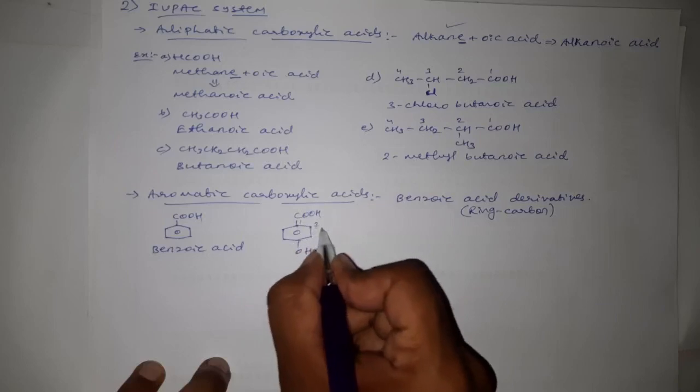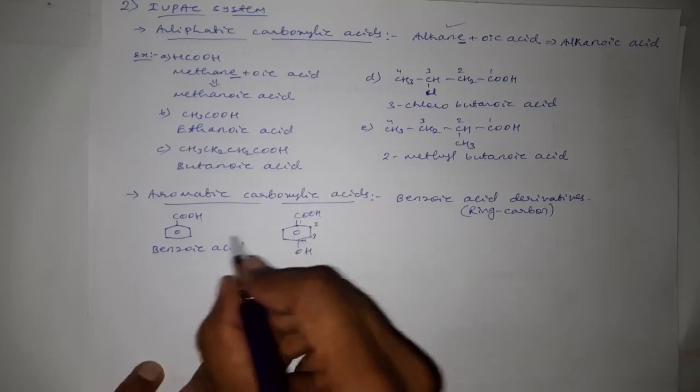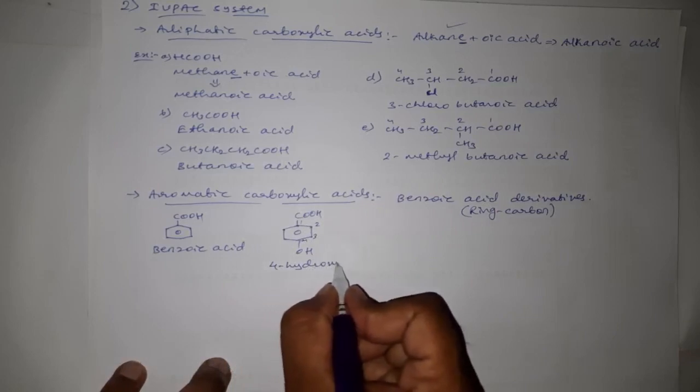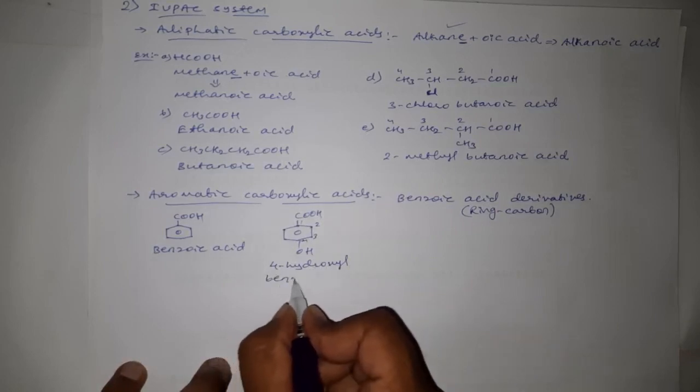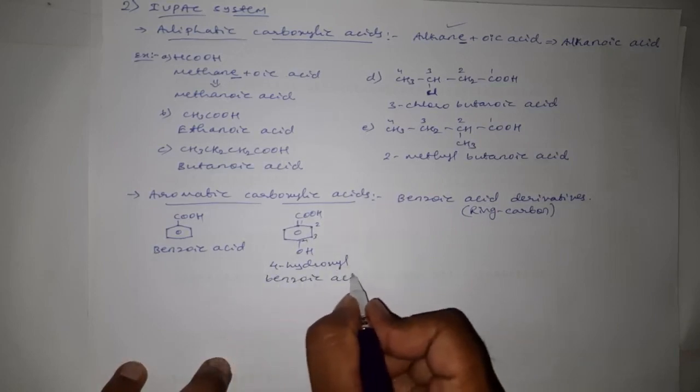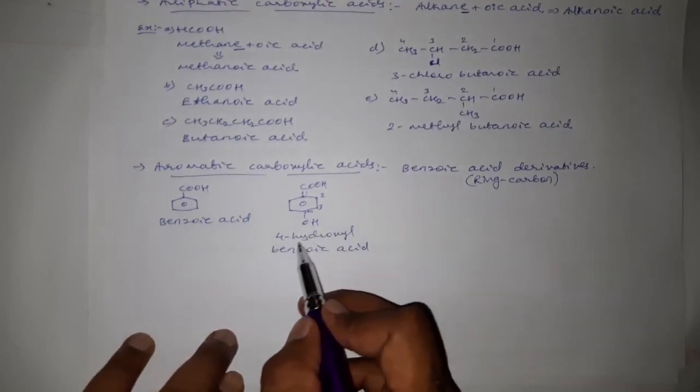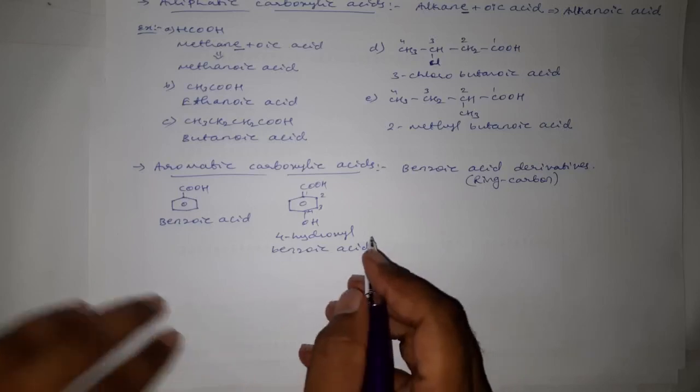Therefore 1, 2, 3, 4. On the fourth carbon one OH group is there, therefore the IUPAC name is 4-hydroxybenzoic acid.